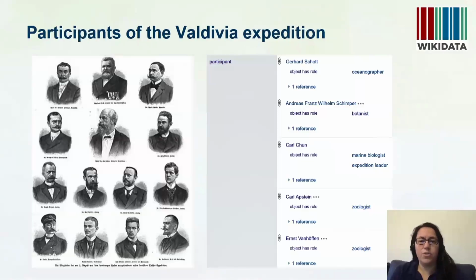This slide shows some participants of the expedition, how they are linked to the Wikidata item of the Valdivia expedition, including information on their role during the expedition, for example, as the expedition leader, as a zoologist or marine biologist on the ship.